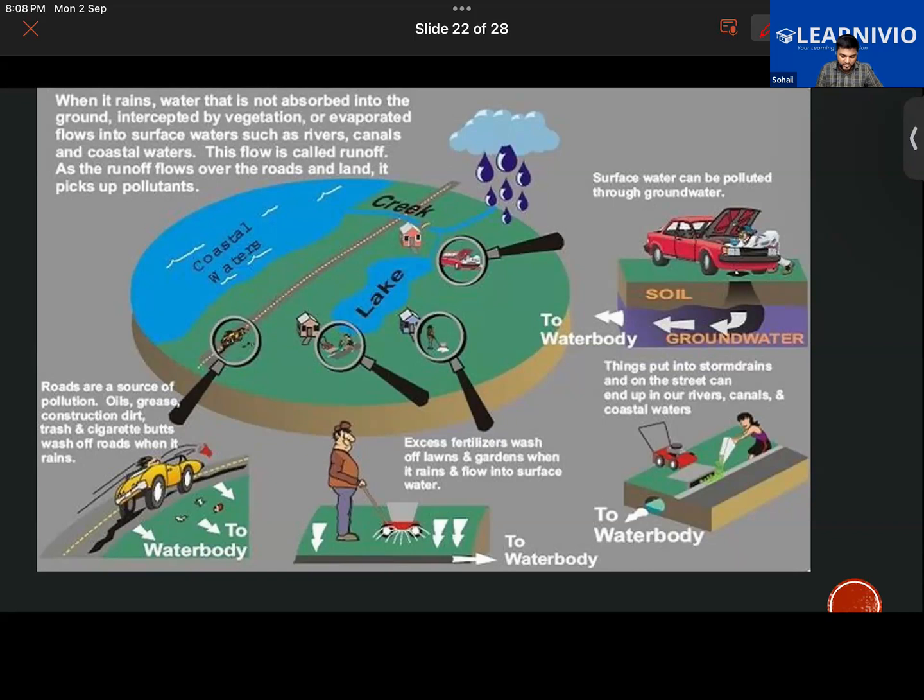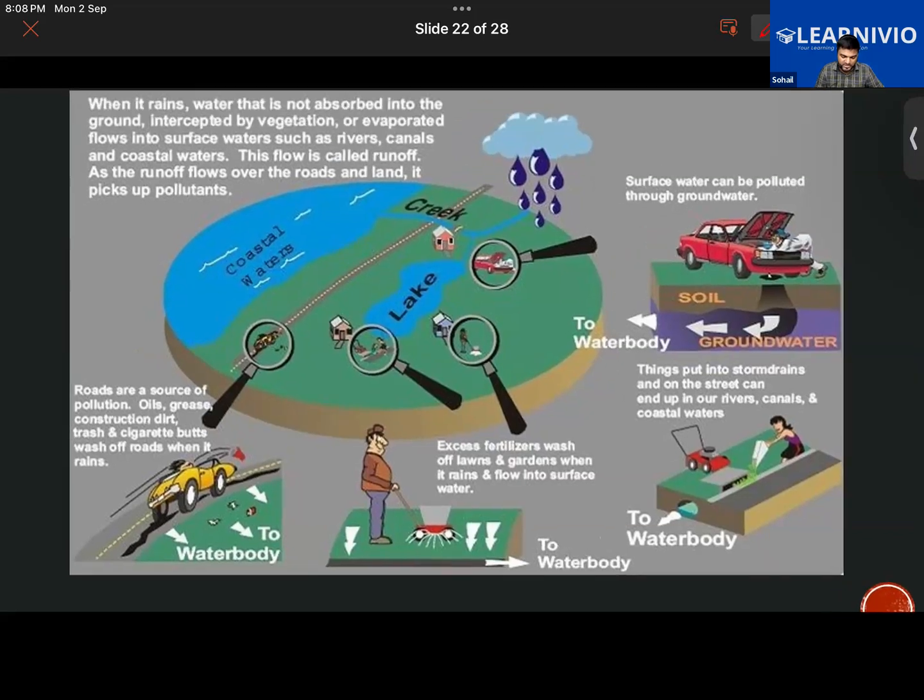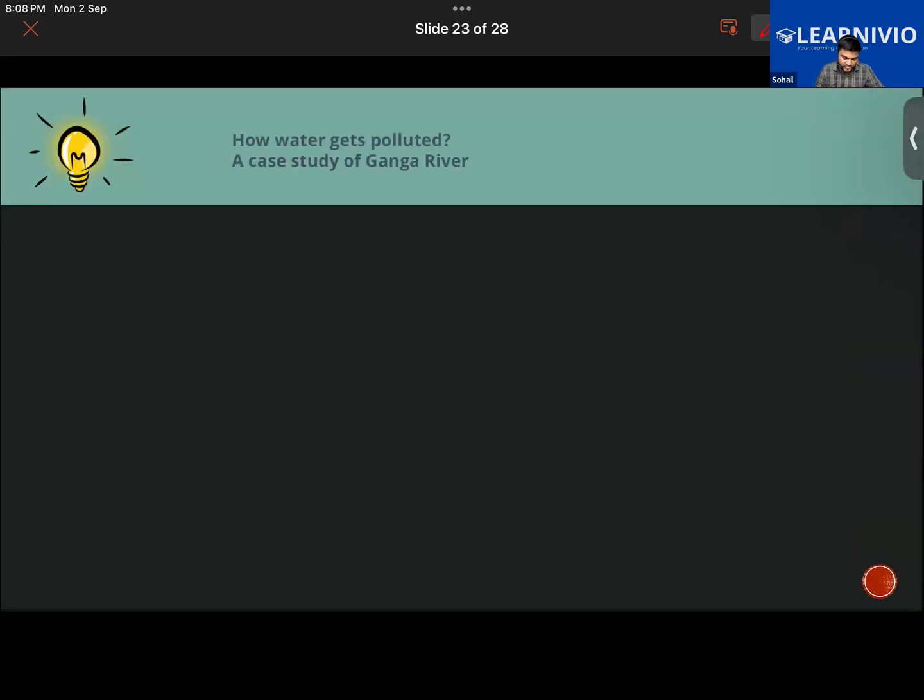Furthermore, the grease and other waste coming from cleaning a car, for example, those grease and oil particles will also eventually end up in some ocean, lake, or river. Getting it now? So different kinds of activities on earth are responsible for the pollution of water.